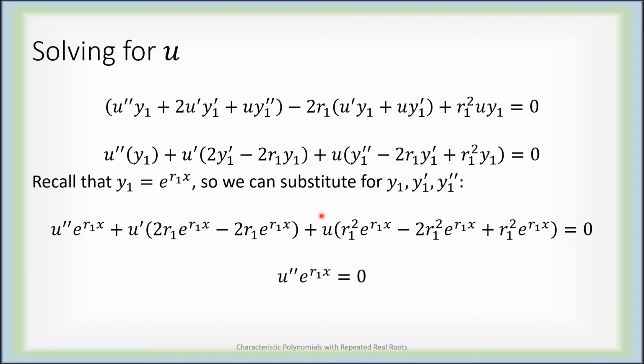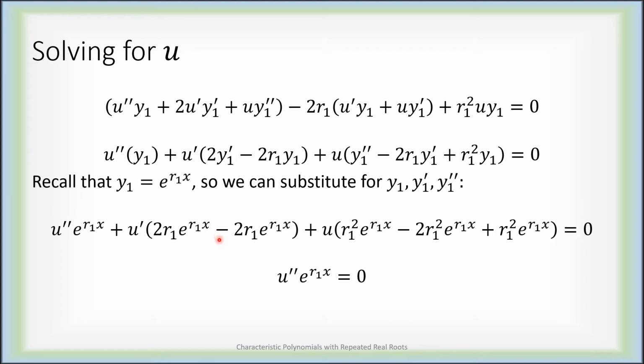Because inside this parenthesis, everything cancels. And inside this parenthesis, everything cancels. The fact that y1 was originally a solution to this differential equation makes this vanish, but also this term here happens to vanish as well.